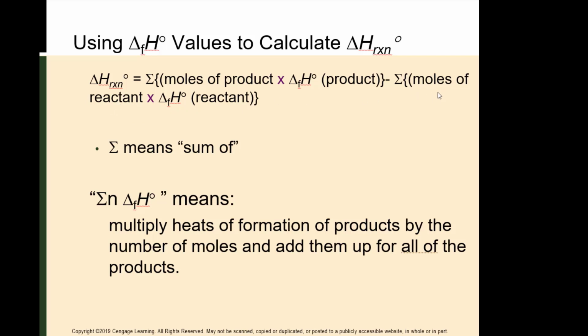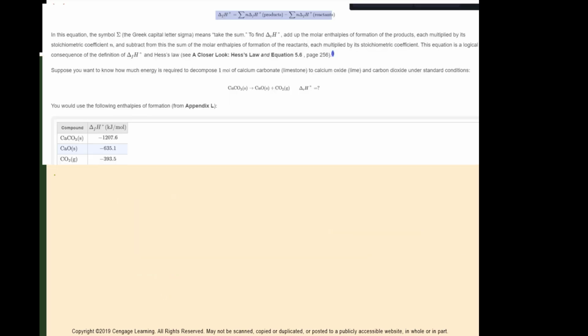Now we do have to take into consideration moles. We're going to do an example here. So we need to take the number of moles times the heat of formation. So multiply heats of formation of products by the number of moles, add them up, and then minus the sum of the formations of reactants as they're multiplied by the number of moles. And we'll make more sense out of that in this next problem.